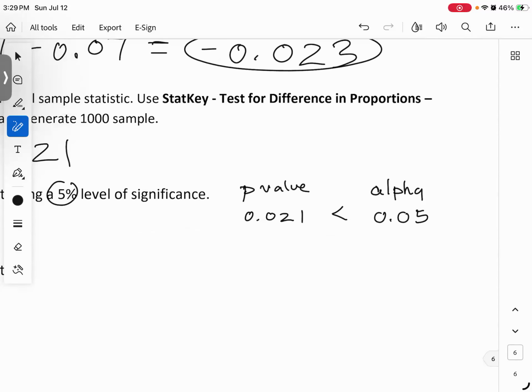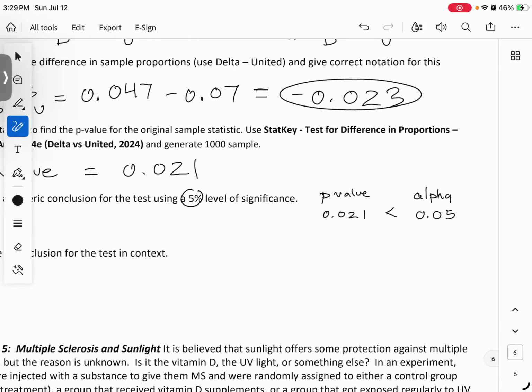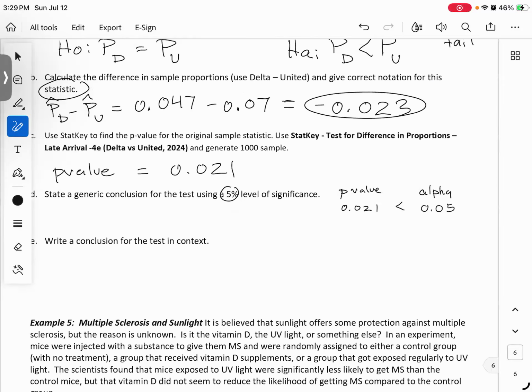So in other words, that result was probably not a fluke, or there's a less than 5% chance it was a fluke. So you would say that it's a significant result. This would lead us to being able to reject the null hypothesis.